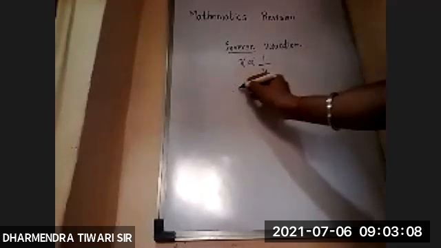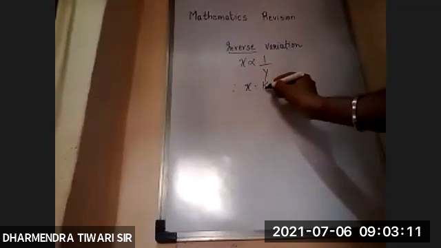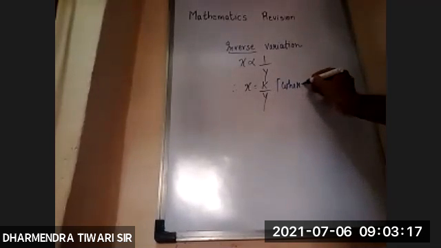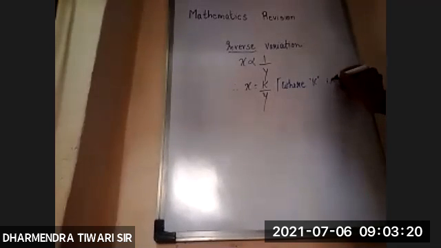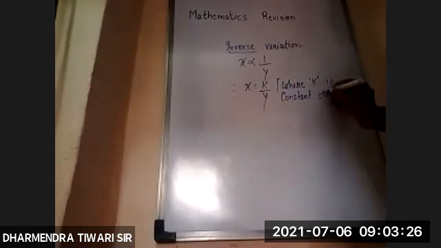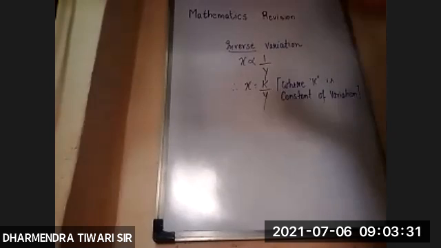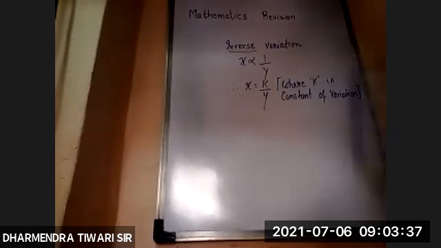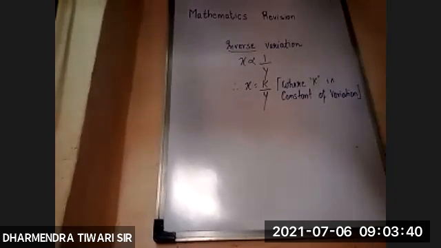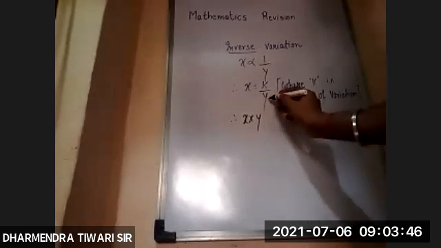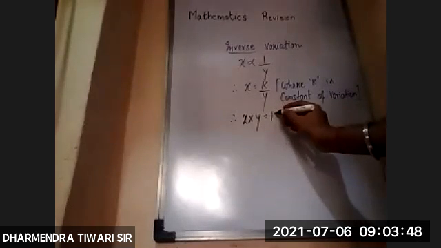So therefore, x is equal to k upon y, where k is the constant of variation. So here we can write this as x into y, taking this y to the left hand side. So x into y is equal to k.